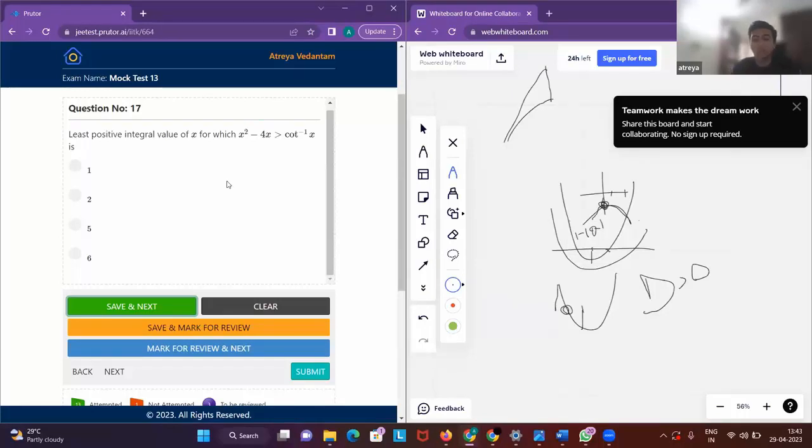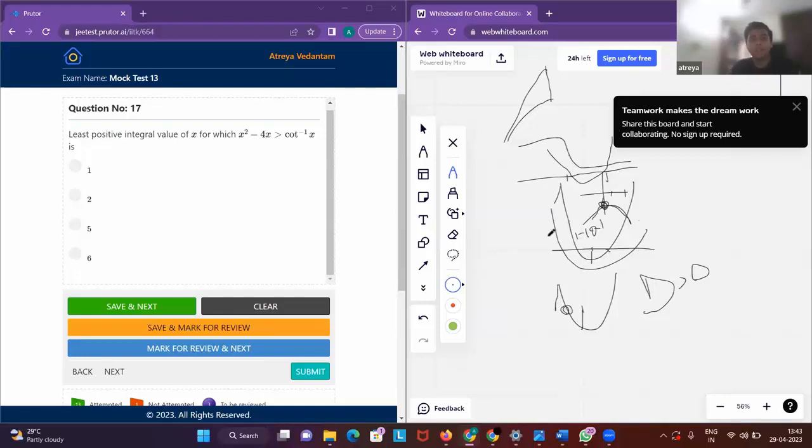It looks like a decreasing curve like that, with this at pi by 2. Now we know that x squared minus 4x is a parabola, which is 0 here, has a root at 4 here, and is increasing, right? So the least positive integral value is clearly above 4, right?